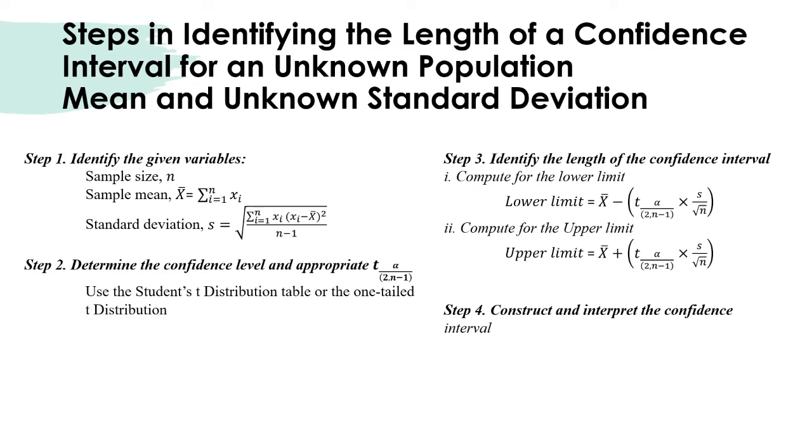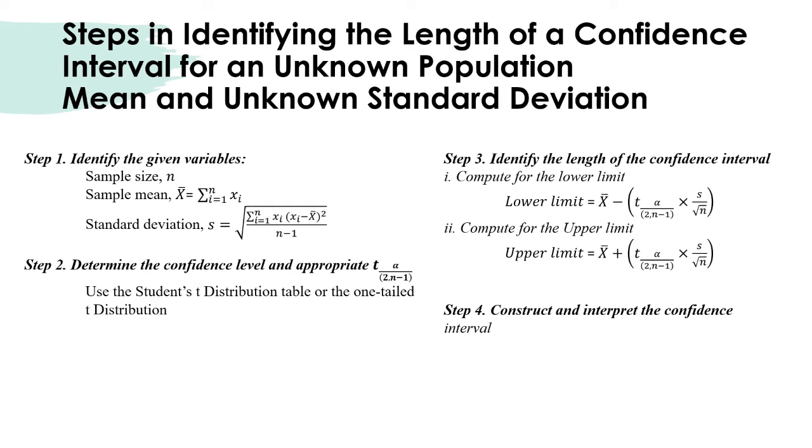Now, let's have the steps in identifying the length of the confidence interval for an unknown population mean and unknown standard deviation. Step 1. Identify the given variables. We have sample size, that is n, sample mean, that is your x bar, equal to summation of all your x over n, standard deviation, that is s, equal to square root of summation of x sub i minus x bar squared all over n minus 1.